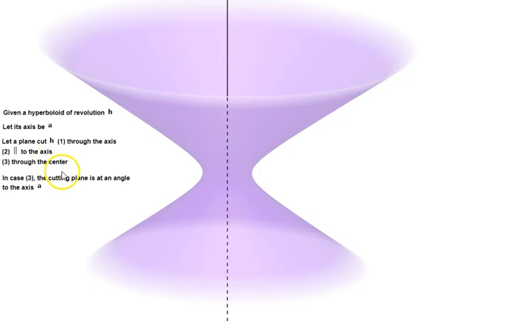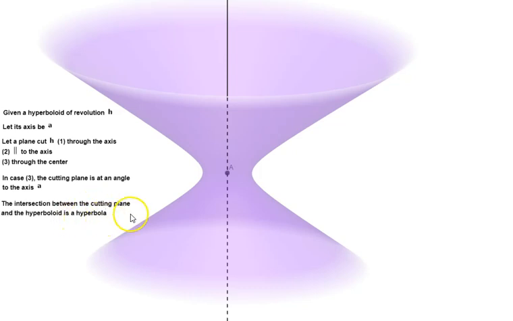Now, when we say parallel to the axis, it will not be passing through the center. But when we say through the axis, it would be passing through the center. So here in the third point, it is the case where the cutting plane is at an angle to the axis A, passing through the center. So the center is A.